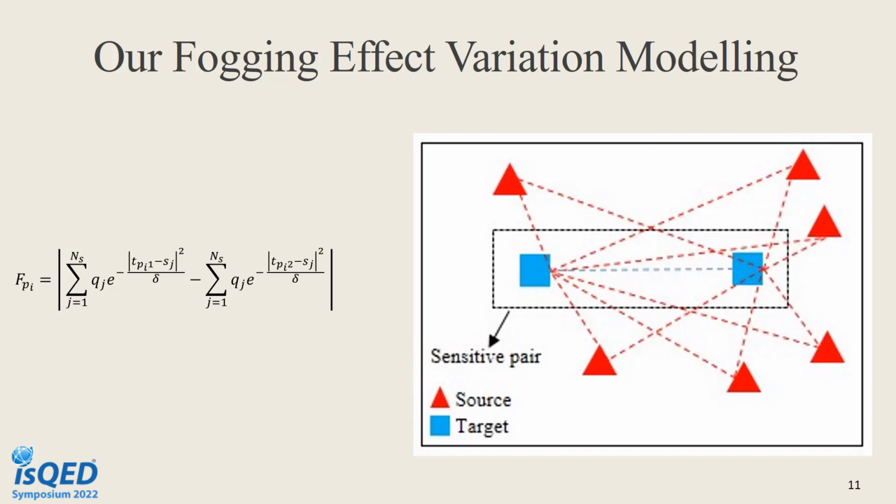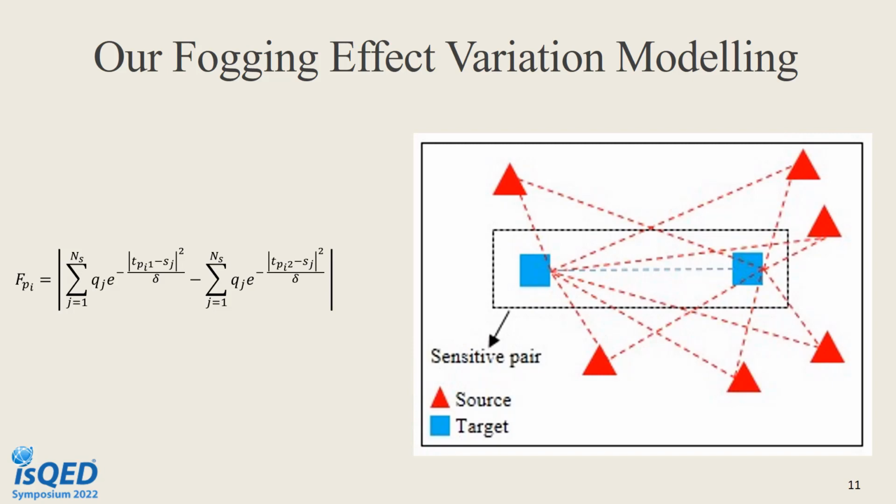As I told before, we want to minimize the variation of the fogging effect between two transistors in a sensitive pair that we have in our analog part. So as you can see here, for example, we have a sensitive pair with two transistors shown by blue squares, and we also have some other sources of the fogging effect shown in red.